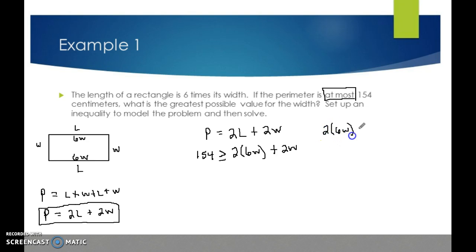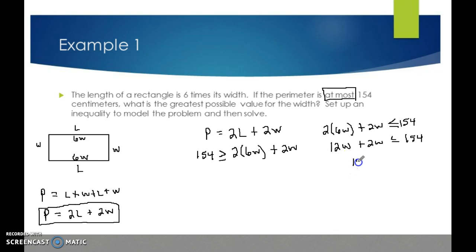So 2 times 6W plus 2W, this whole expression has to be less than or equal to 154. Note that depending on how you write it out, in both cases the inequality is opening up to that 154. The rest of it is just solving the inequality like we've been doing. 2 times 6W is 12W, plus 2W is less than or equal to 154.